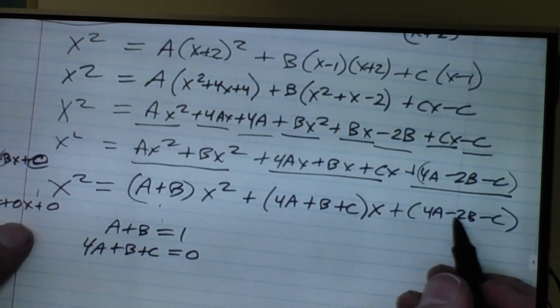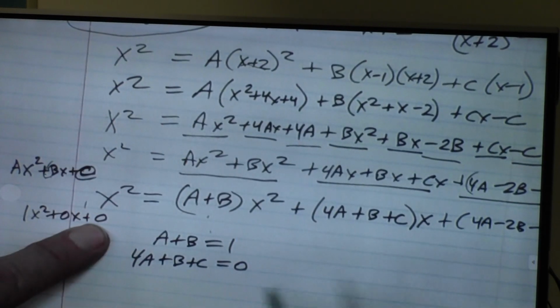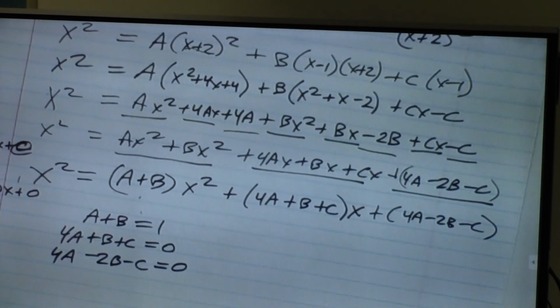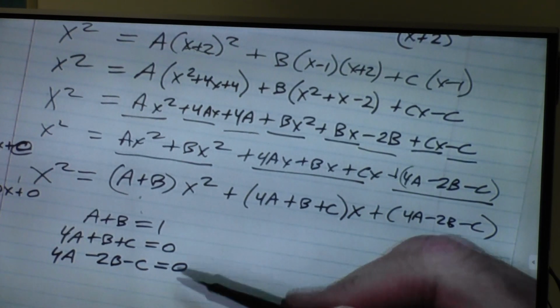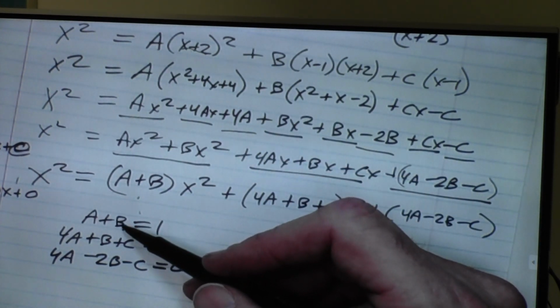And then over here, 4a minus 2b minus c is equal to the constant, which is 0. 4a minus 2b minus c is equal to 0. So a couple of them are 0. Okay, nothing wrong with that. What we now have here is a system of 3 equations with 3 variables. This is nice that one of them only has 2 of the variables. That makes it a little easier.